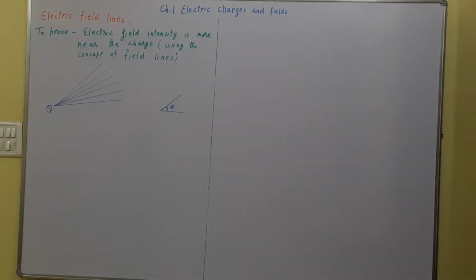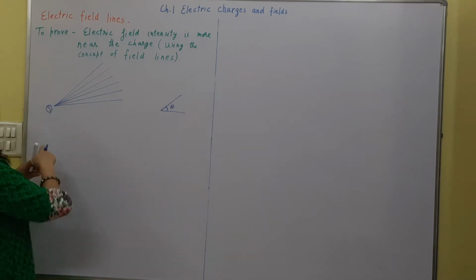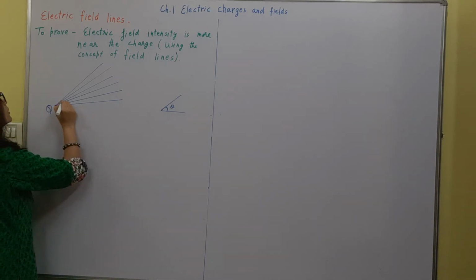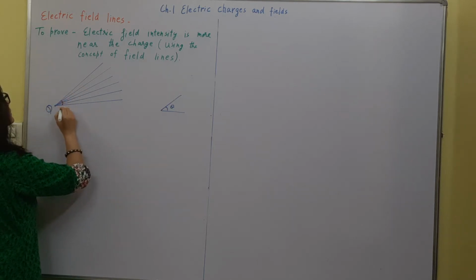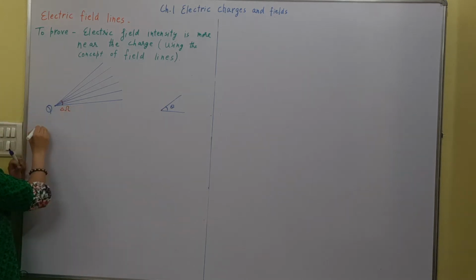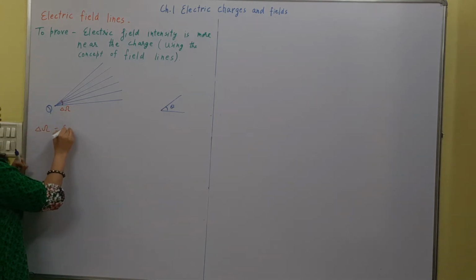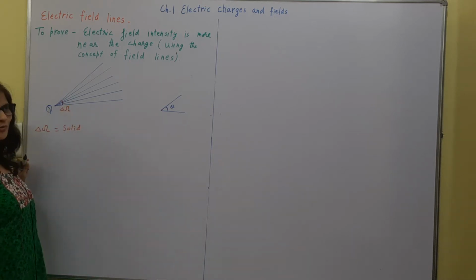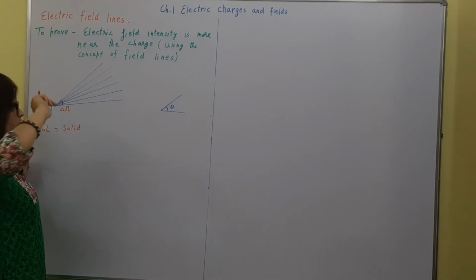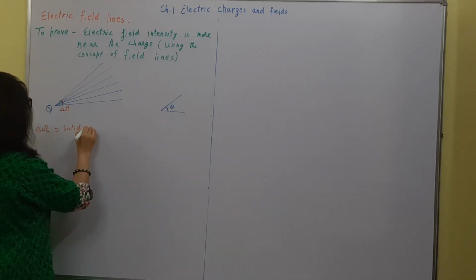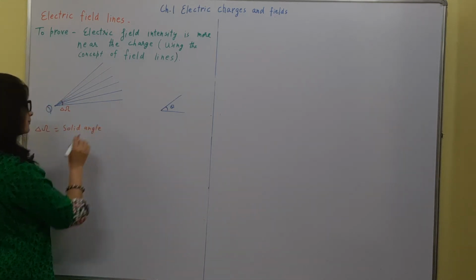So that means the solid angle which the cone makes is, suppose, delta omega. We denote the solid angle by omega. Omega you have used in the angular velocity concept also, but this is also called omega. This is solid angle, right?